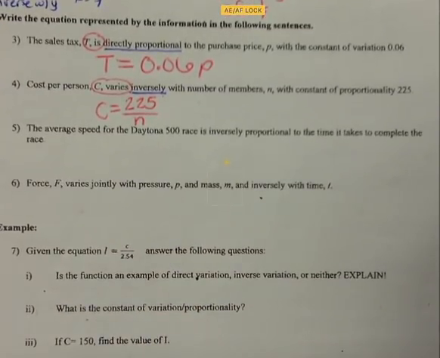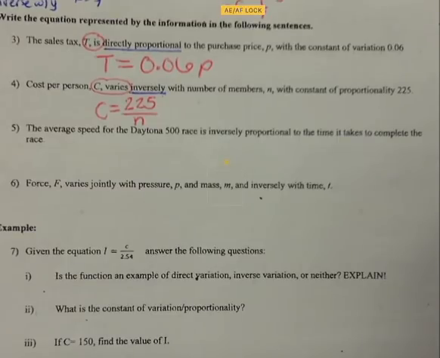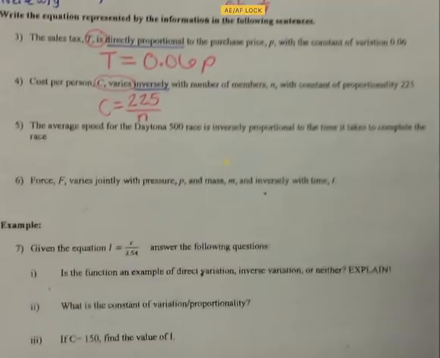Example 5 says the average speed for the Daytona 500 race is inversely proportional to the time it takes to complete the race. Now there are no variables here to use, so we have to use our own, and we want to make them make sense. We're not just going to use X and Y. The average speed, I would probably go with S for speed.